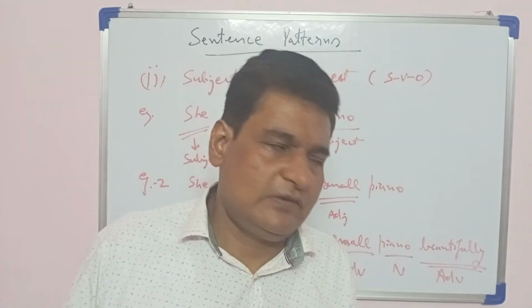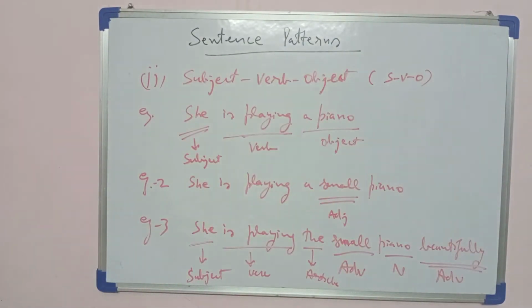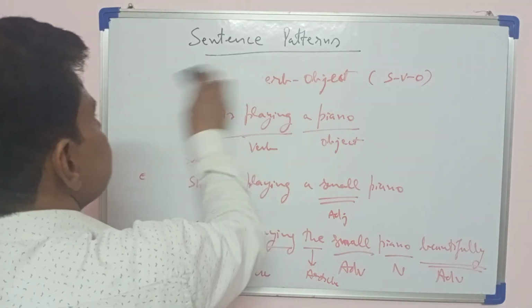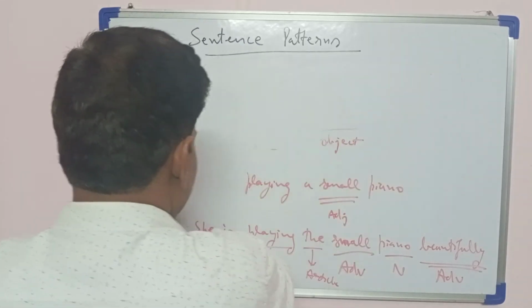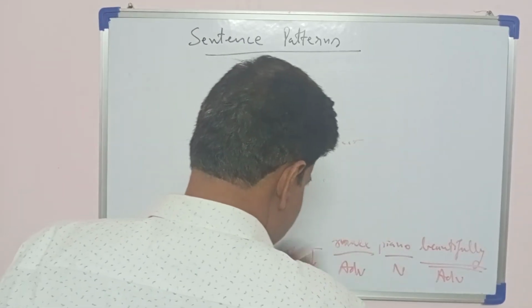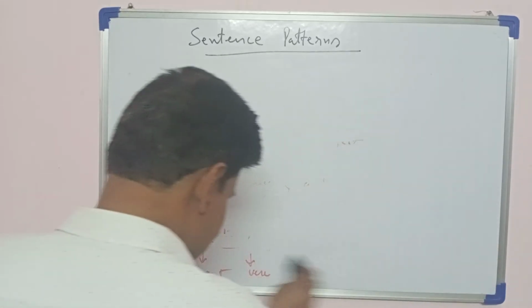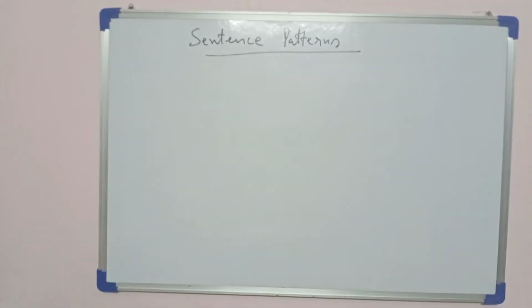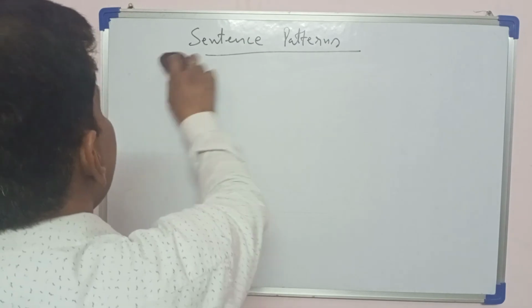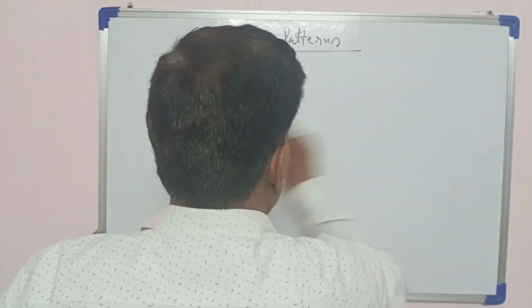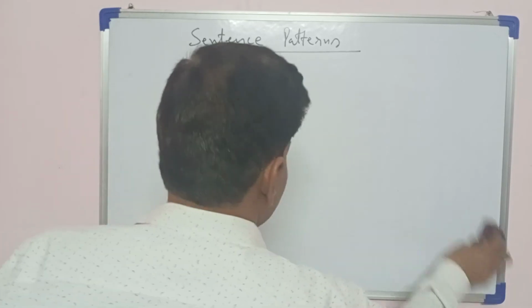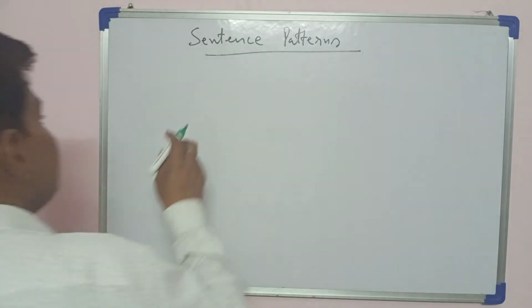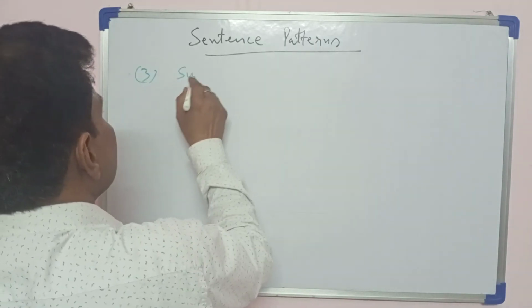Now we will understand the next pattern, that is subject, verb, noun. This is the third one.